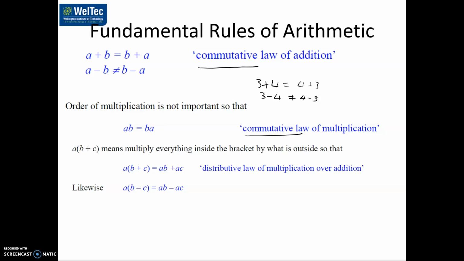Obviously, division is not commutative. The distributive law means you can distribute multiplication over addition, so that you can expand the brackets whether you've got positive or negative. So this is where the rule that allows us to expand brackets.